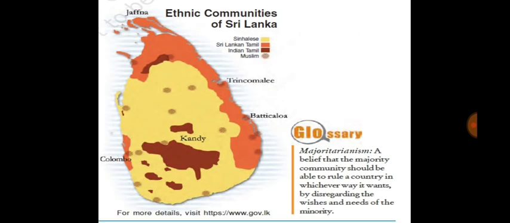If you go back, you can see this is the northeast, Jaffna, Trincomalee, Batticaloa. These regions are the northern and eastern regions, and mostly Sri Lankan Tamils and Indian Tamils reside there. Colombo is in the southern and western side.